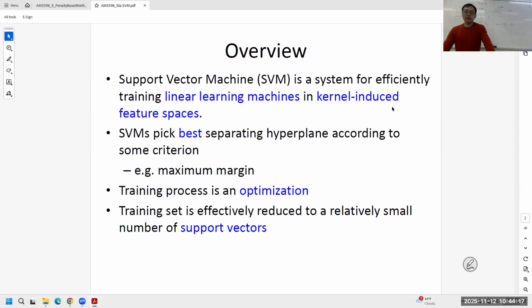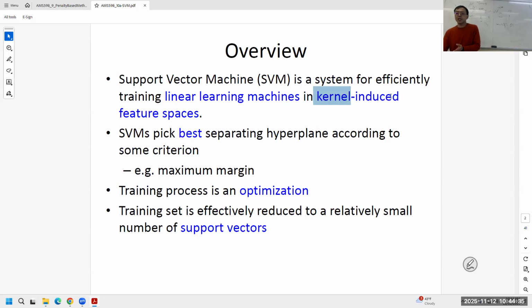But first, let me give you some overview. SVM stands for support vector machine, a system for efficiently training linear learning machines in kernel-induced feature spaces. Some of these terms may not make sense to you, but don't worry, we will go through each one of them one by one.